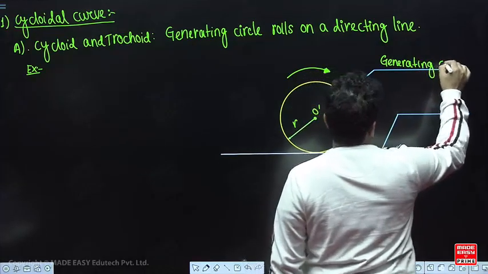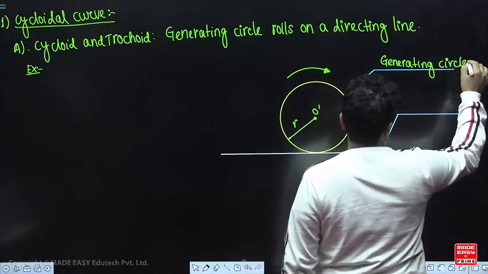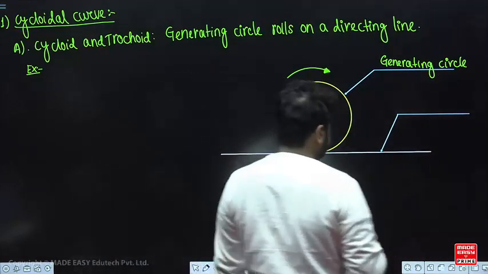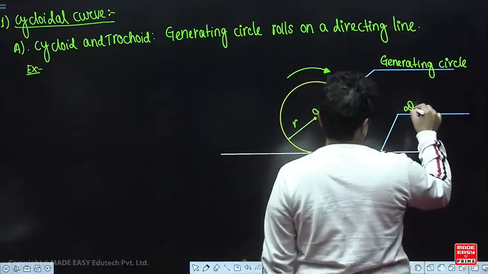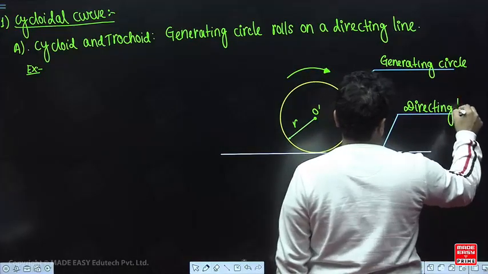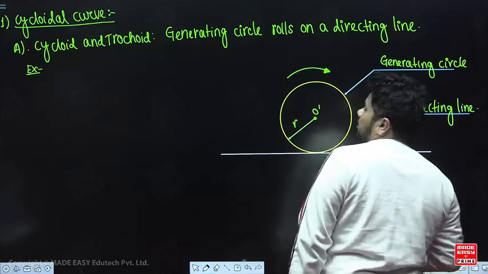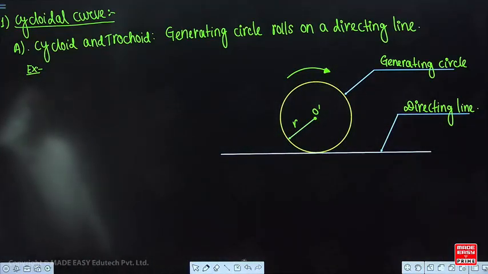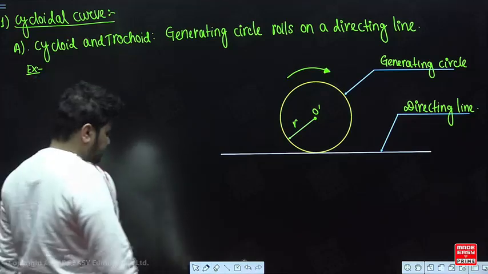This is called the generating circle because this is the circle which is going to generate the curve, and this is called the directing line. Correct. So for the cycloid and trochoid, a generating circle rolls on a directing line, right.